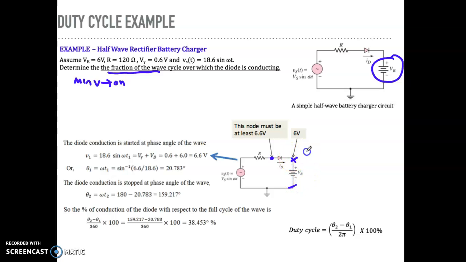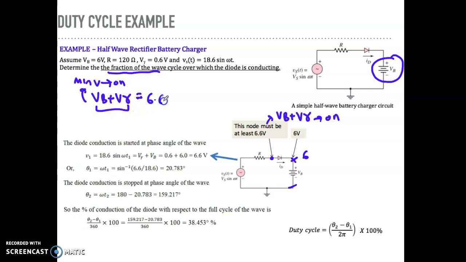So here will be 6 volt. So you need at least your V_B plus V gamma in order for the diode to turn on. The minimum voltage to turn on is not only V gamma, because you have a power supply here. That is V_B plus V gamma.